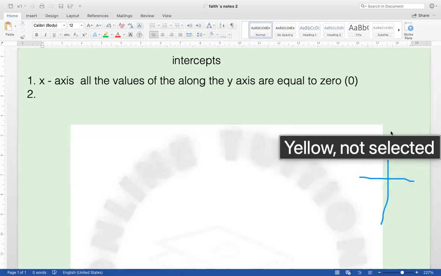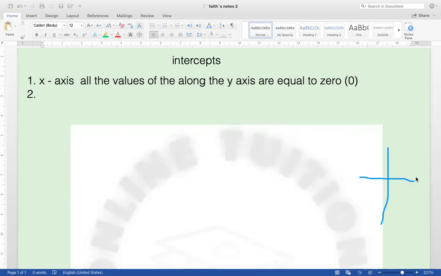And remember, this is our x-axis, this is our y-axis. Should we have a graph drawn like that with its equation, and then they ask us to find the values of x at that point, as well as that point. How do we find the value of x?